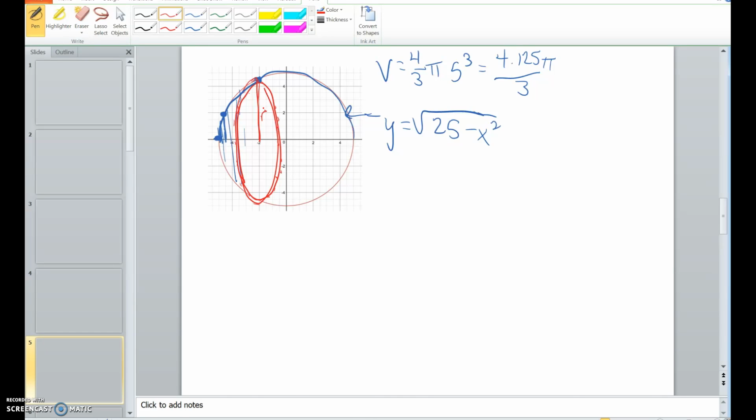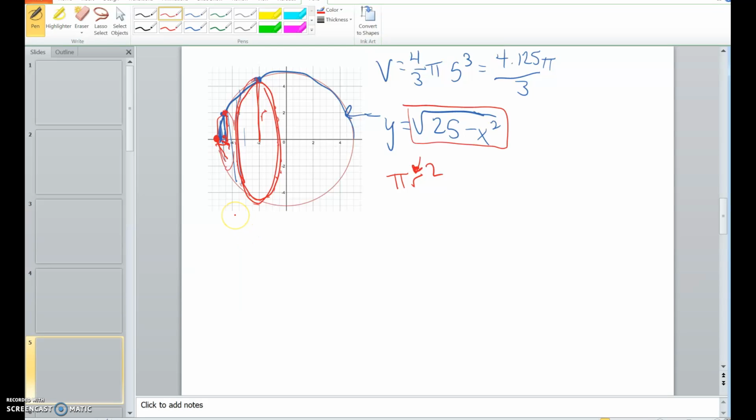So when we think about the area of these circular cross sections, their area is going to follow the formula for the area of a circle, which is pi r squared. But this r, as we move from left to right, is just going to be the square root of 25 minus x squared, because that is the distance from the x-axis to the circle that we are integrating across, and that's going to be the radius that we want to use to find the area of the cross section.